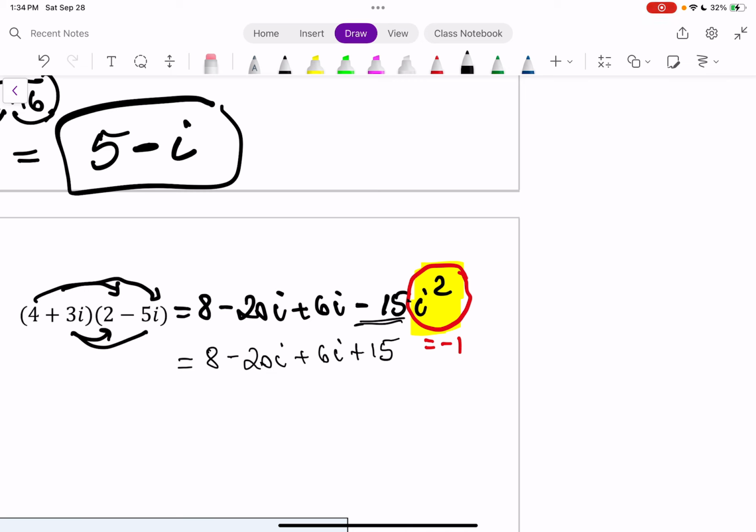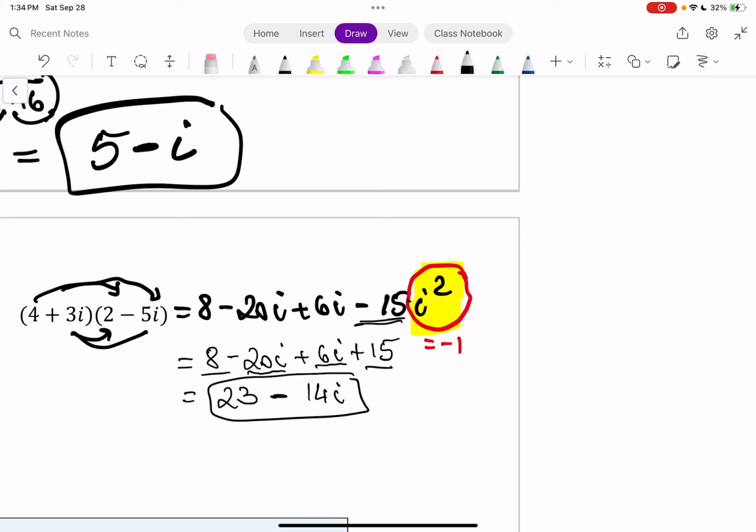So again, i squared has the value of negative 1, and therefore I multiply the negative 15 up front by negative 1. So that's going to get me a 23, because that's what 8 plus 15 is, minus 14i. And again, combine like terms once you have the i squared.